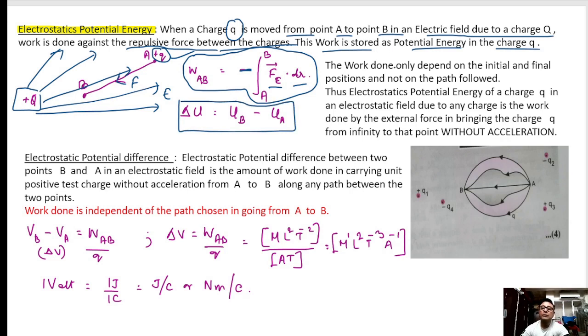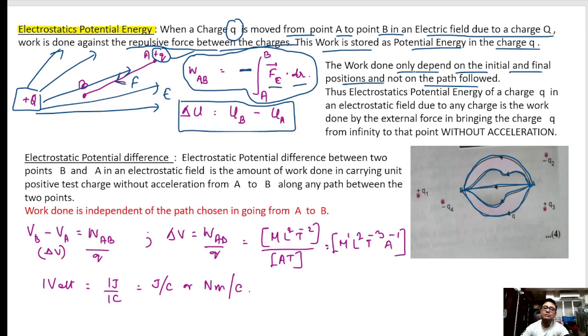Okay, so this work done depends only on the initial and the final positions and not on the followed path. You can reach from A to B along this path, or along this path, or direct, or along this path, or along this path.